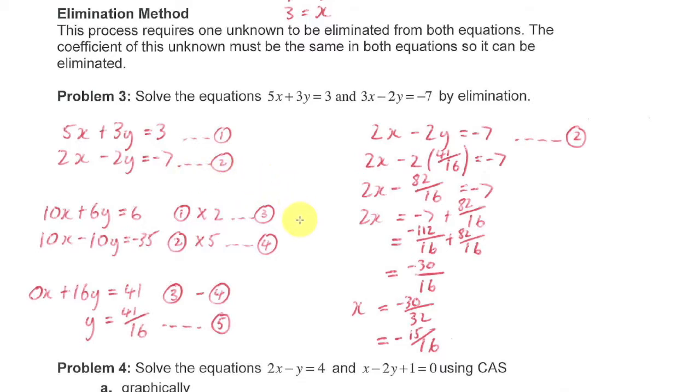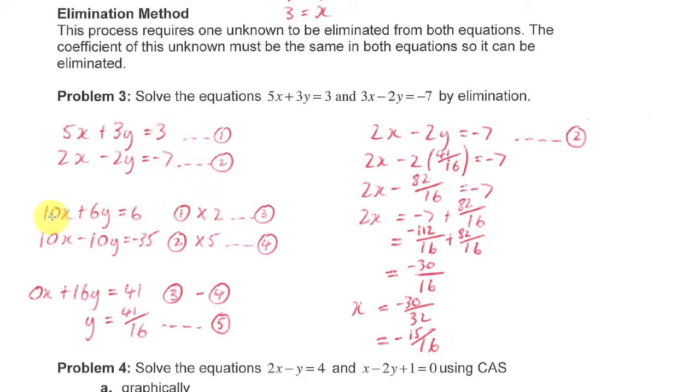So what I'm going to attempt to do is try and make both the top line and the bottom line so that we have 10x and 10x. So looking at the first line, and remember I refer to that as equation 1, I want to take that equation 1 and multiply everything by 2.